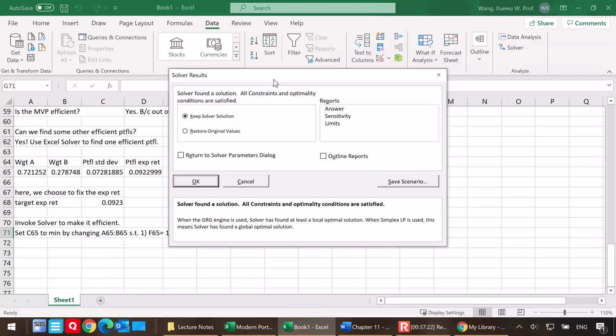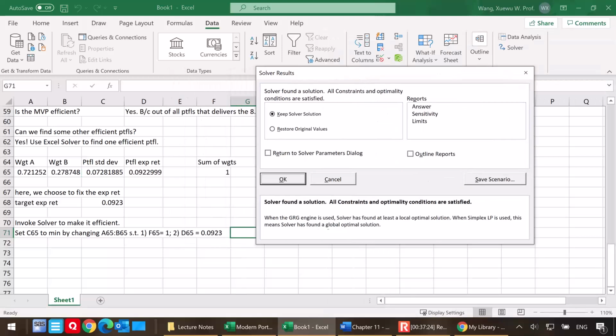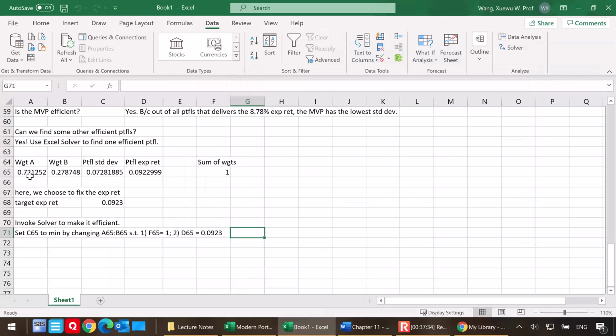If you want to make this portfolio efficient, you should look at about 72% in A and 28% in B. And you're going to have the lowest standard deviation out of all the portfolios that deliver 9.23% expected return. All right, so that is what we have so far.